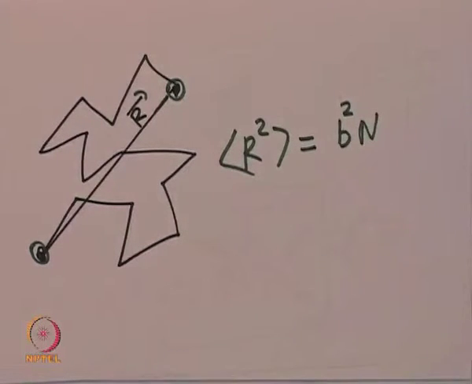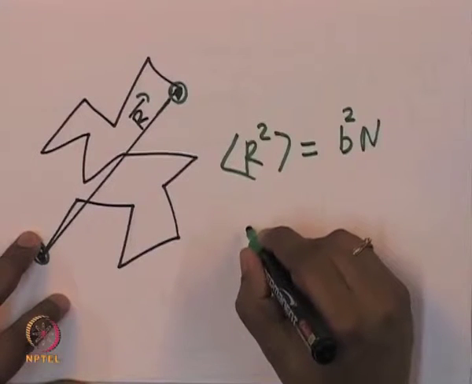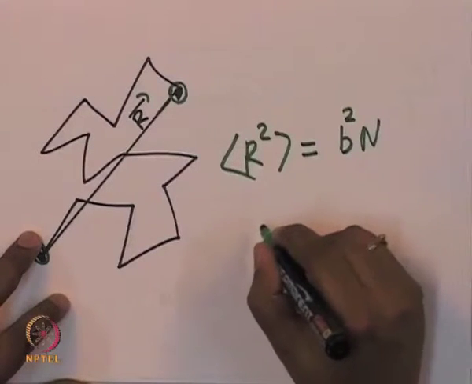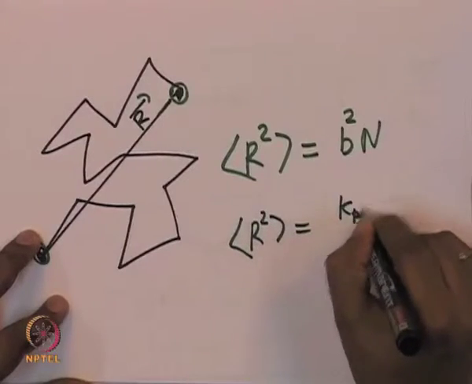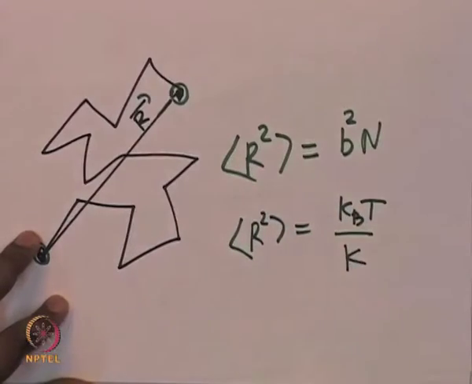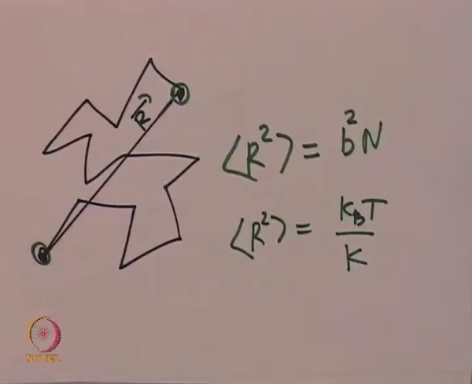So, R square average is b square n, and we also just saw that for a spring, the R square average, if it is like a spring, will be equal to k B T by K. Now, equate these two.